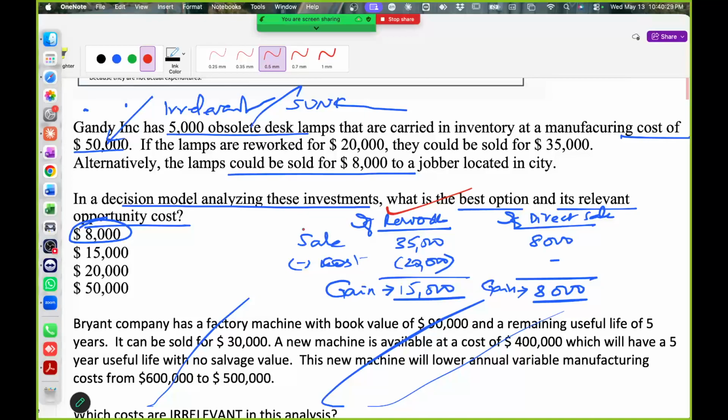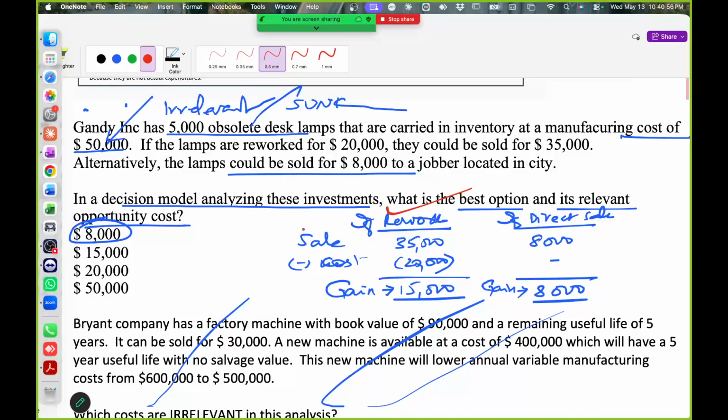You tell your boss, let's go ahead with the rework, that's what you're recommending financially. Your boss says, no, I will sell directly. That's why this question is to your boss. You have to answer your boss.